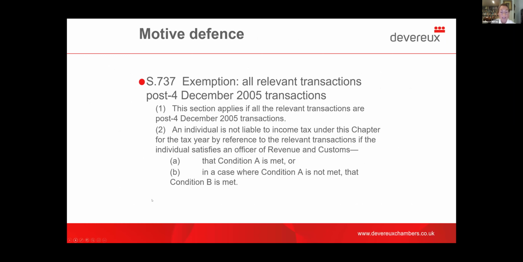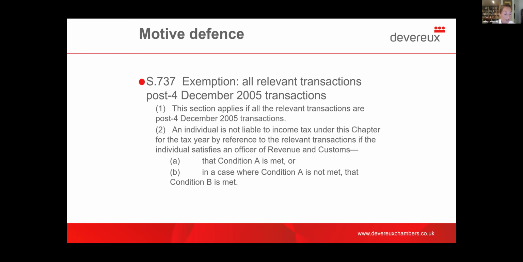So I'm just going to very quickly tell you what the motive defence is. This is found in section 737, where all the transactions are post 4th of December 2005 transactions, and for it to apply, either condition A or condition B must be satisfied.